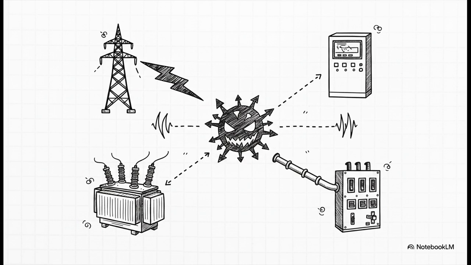It's like a key that only fits a Siemens lock but is totally useless on an ABB lock. But by mastering these 4 specific global languages, Industroyer became a master skeleton key. It could walk into almost any power substation in the world and just start shouting orders. It didn't matter if the physical hardware was made by Siemens, ABB, or General Electric, Industroyer could seamlessly speak to all of them.